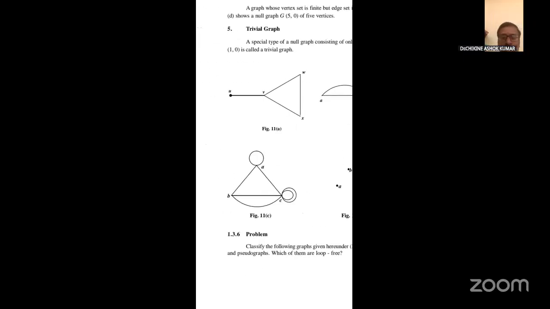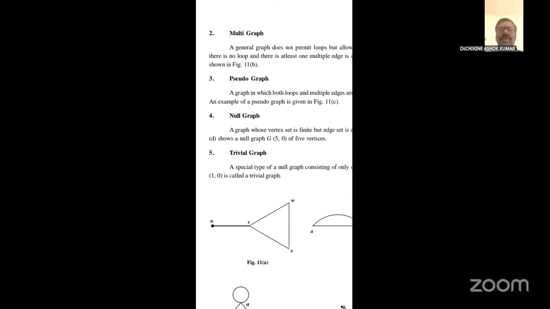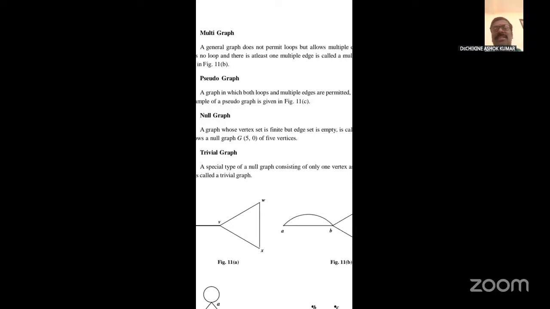Similarly, come to 11c. Let me discuss one by one. 11c is a pseudograph. First, what is the meaning of the definition of pseudograph? A graph in which both loops and multiple edges are permitted. What is the meaning of this?